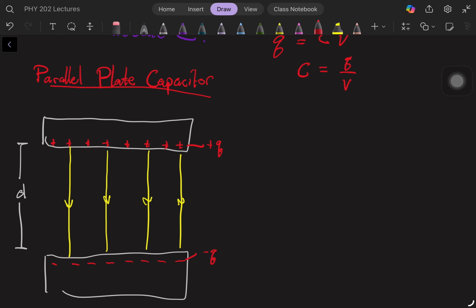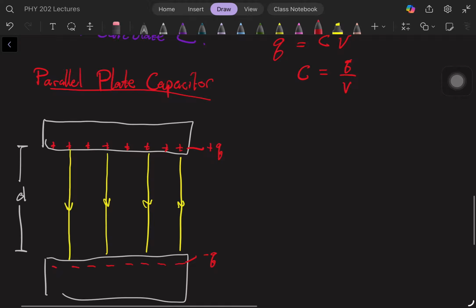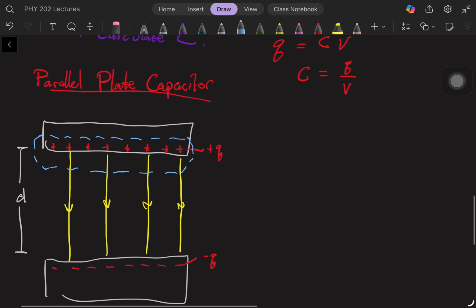Step 2 is we're going to calculate the E field using Gauss's law. So I'm going to draw the Gaussian surface to just be this. We're just going to look at one for now. So what does Gauss's law tell us?